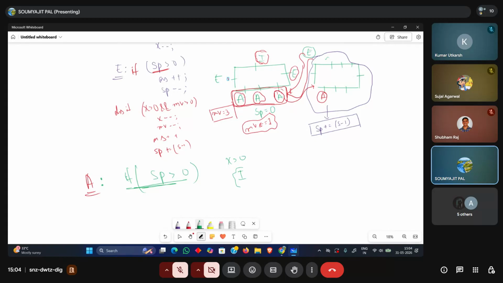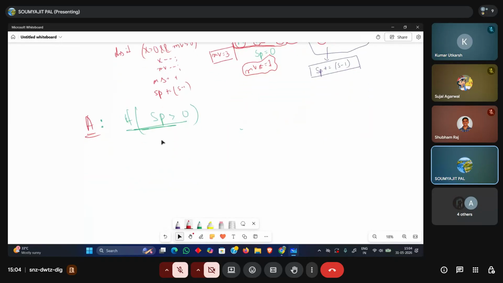So I'm first checking if seats are available in an occupied table, then I will check if any seats are left in the new, unoccupied tables. If SP is 0, the answer would be plus plus, seats will be decreased, and as this ambivert can be moved, I will do MB plus plus.